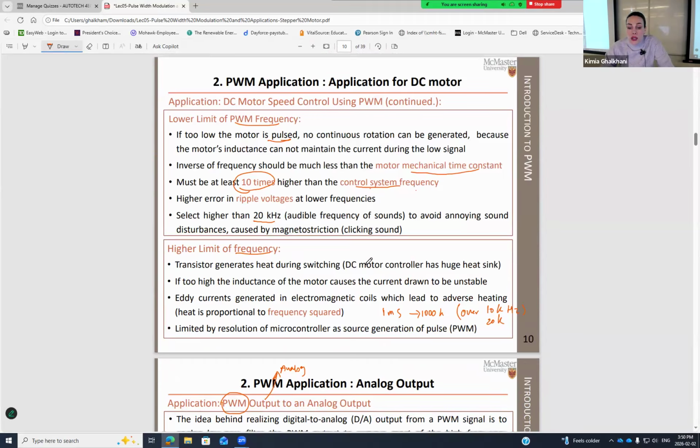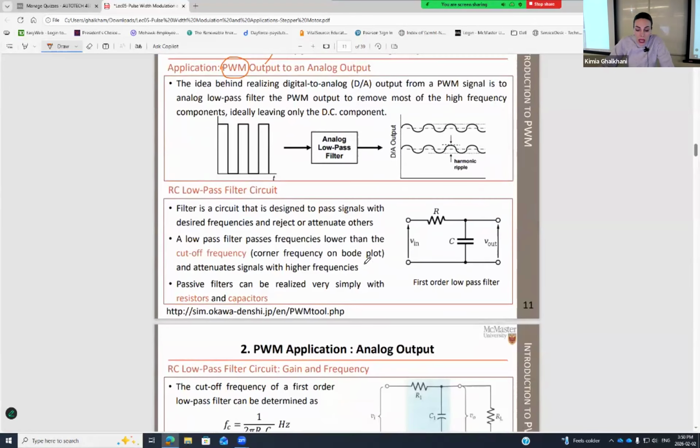It's going to help me just remove the high frequency.